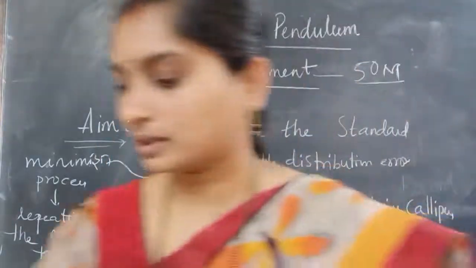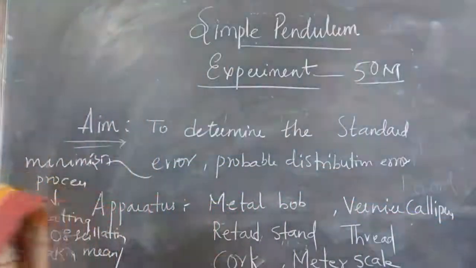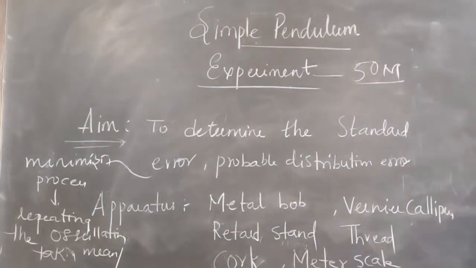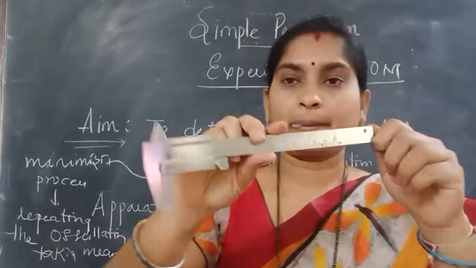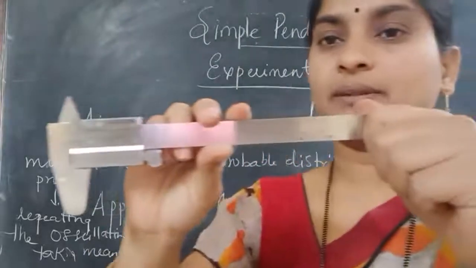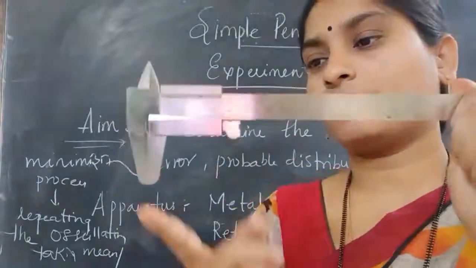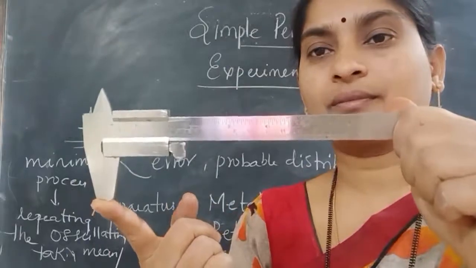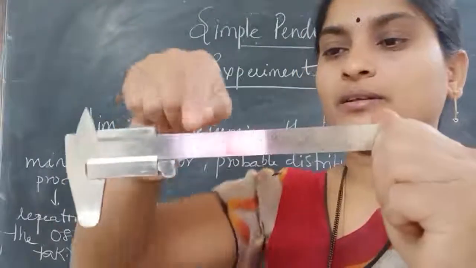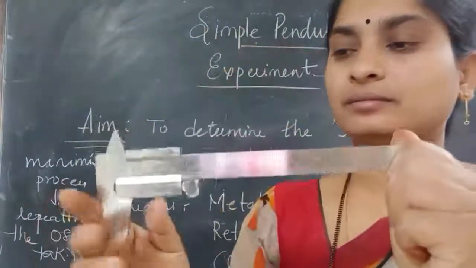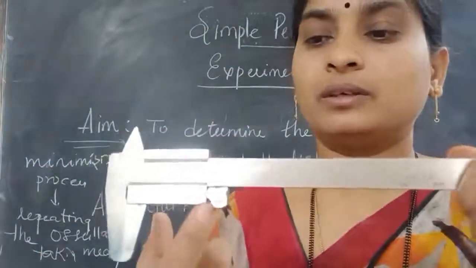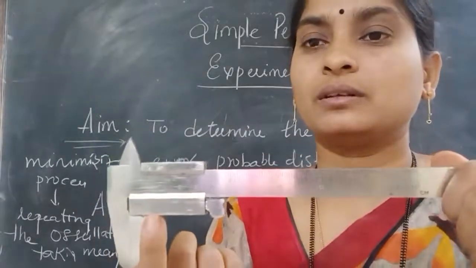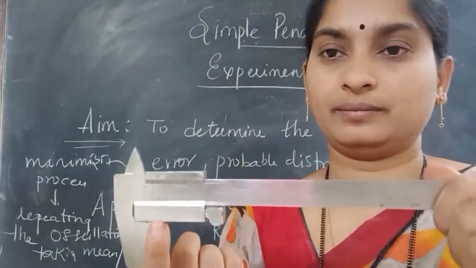The next one is about vernier calipers. Vernier calipers, I will show that. So this equipment, vernier calipers, you also have in intermediate level. Okay, this is the main scale reading. From here to here, this is the vernier scale reading.